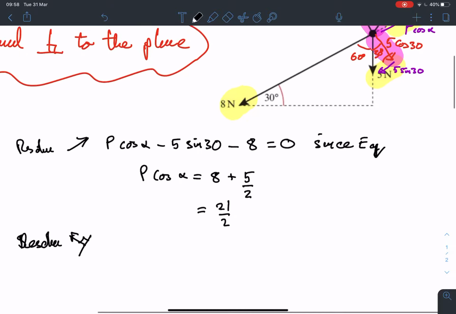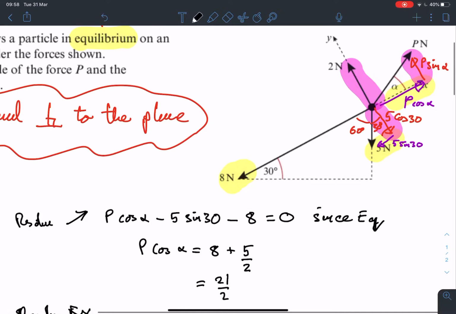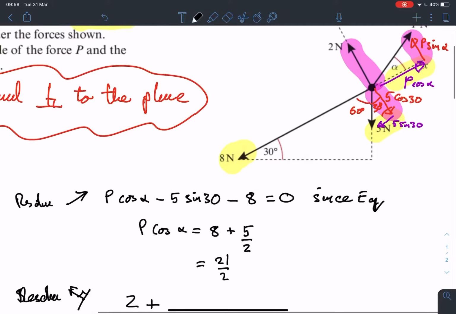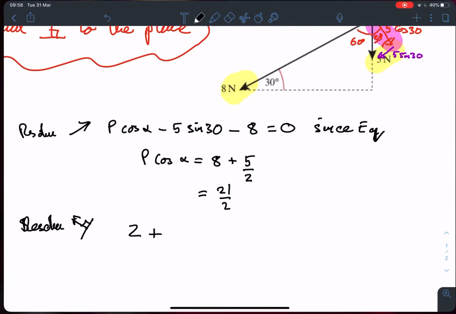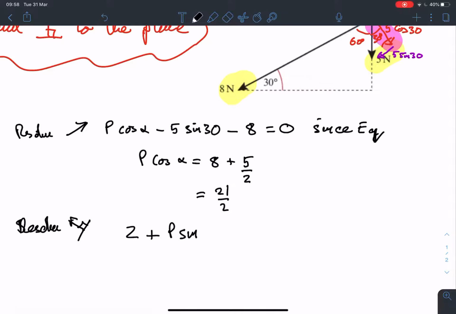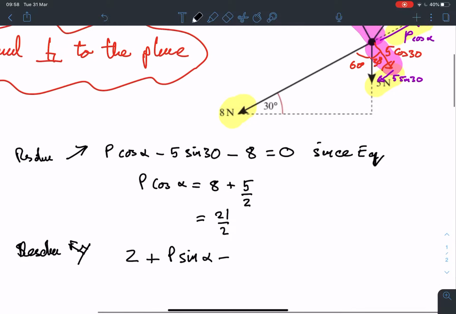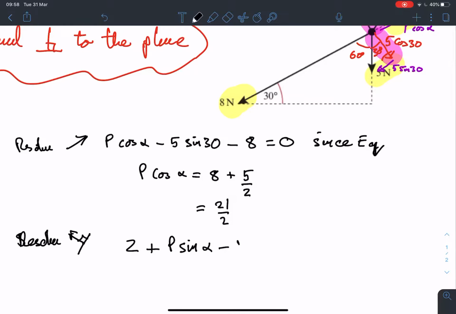So we're going to have 2 plus P sin alpha minus 5 cos 30 equals 0 since equilibrium.